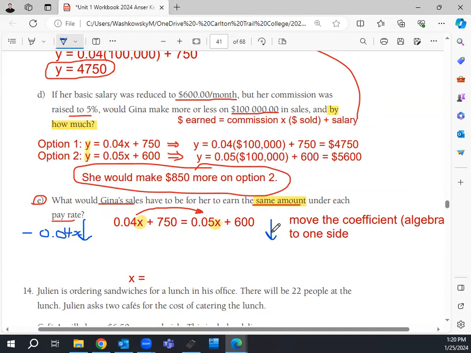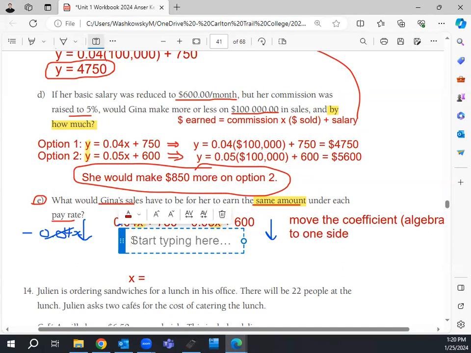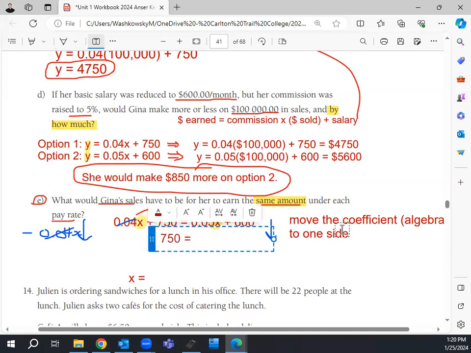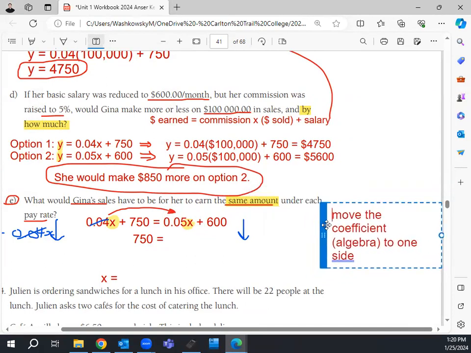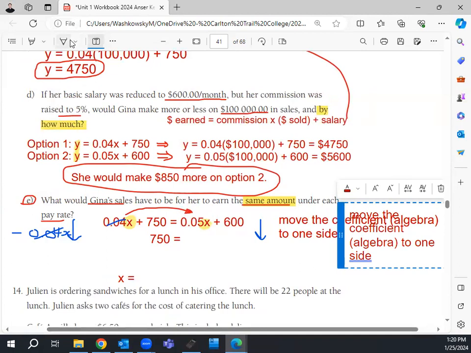I need to do it to both sides. I don't have space to write that over here, so I'm not going to. But what's going to happen? It's going to cancel out, right? And now on the left side, I'm going to be left with just 750, right? $750 is equal to, let's move this here. Here we go. Now I can do that.